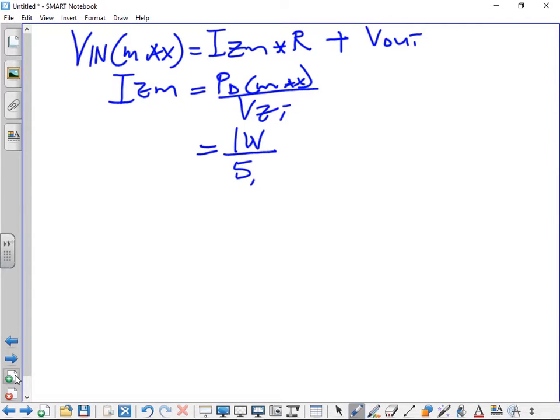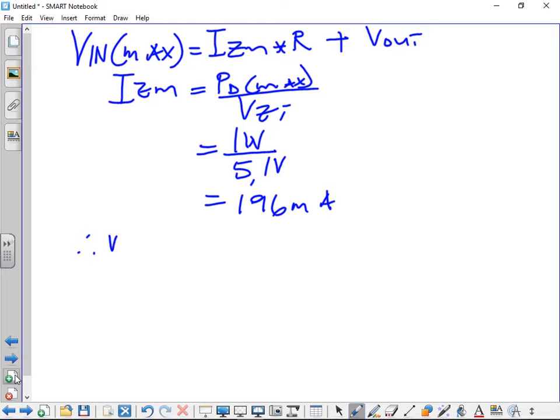If it's above 50 degrees, then we have to calculate it. In this case, nothing was specified about the temperature of the Pdmax, so we use 1 watt. And by calculation, this gives us 196 milliamperes.